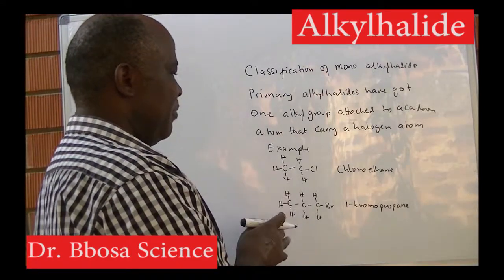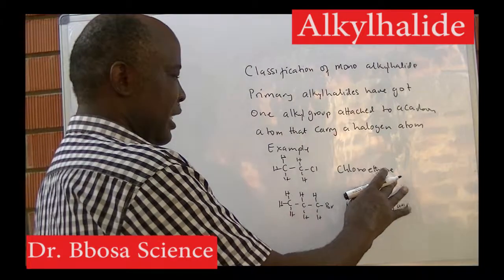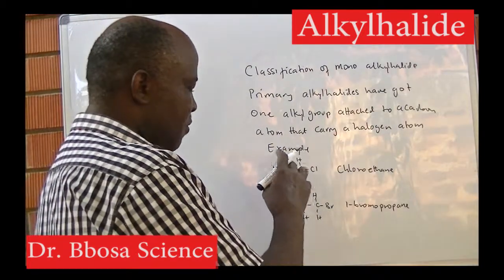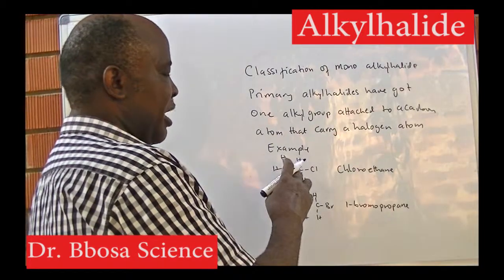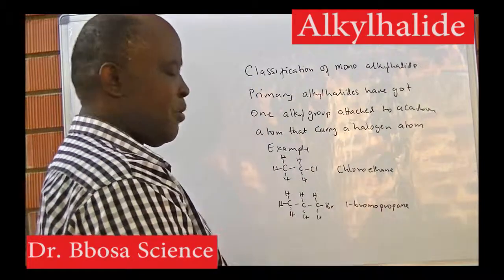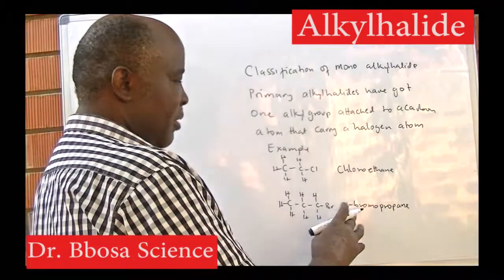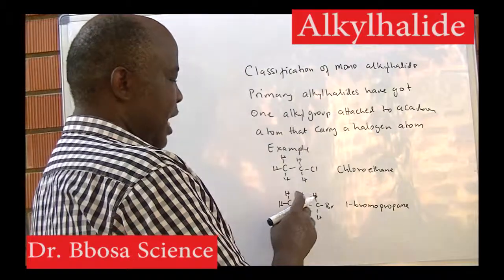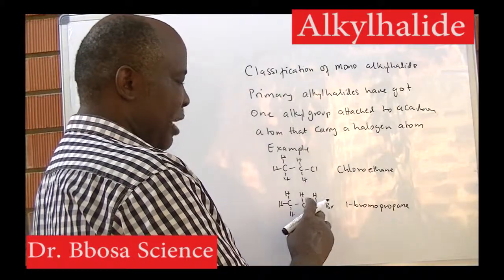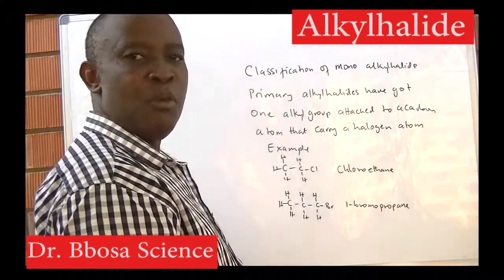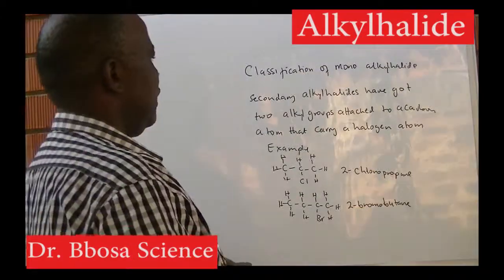For example, we have chloroethane, in which a methyl group is attached to a carbon atom that carries a chlorine atom. And 1-bromopropane, in which an ethyl group is attached to a carbon atom that carries a bromine atom.